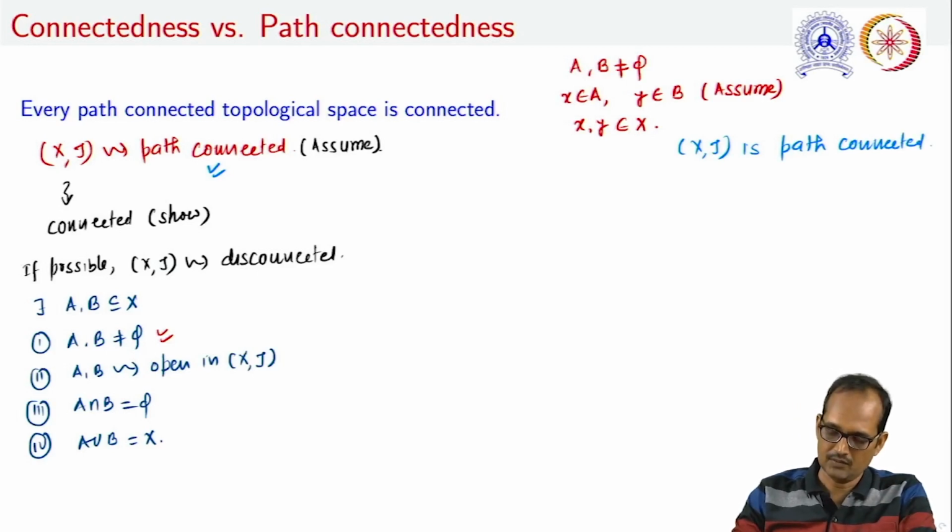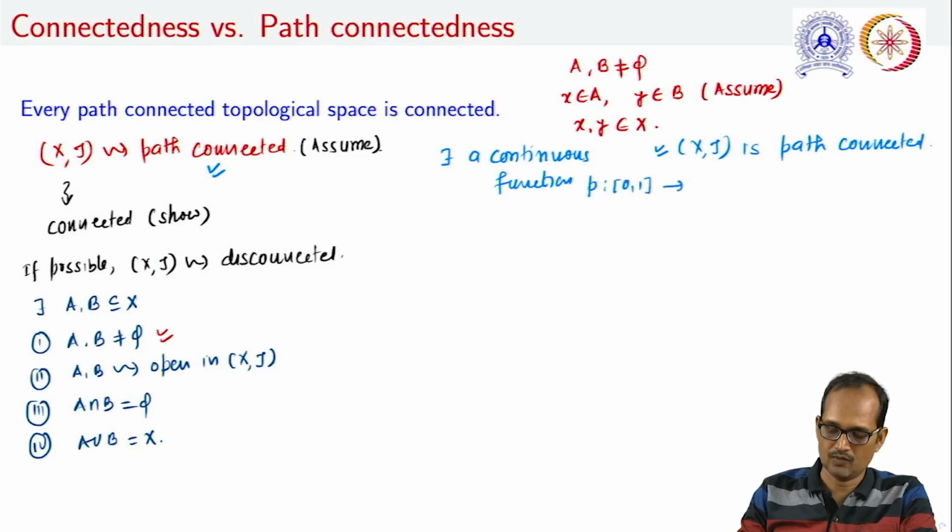Because this space is path connected, there exists a continuous function p from the closed interval [0,1] to X such that the value of p at 0 is x and the value of p at 1 is y.